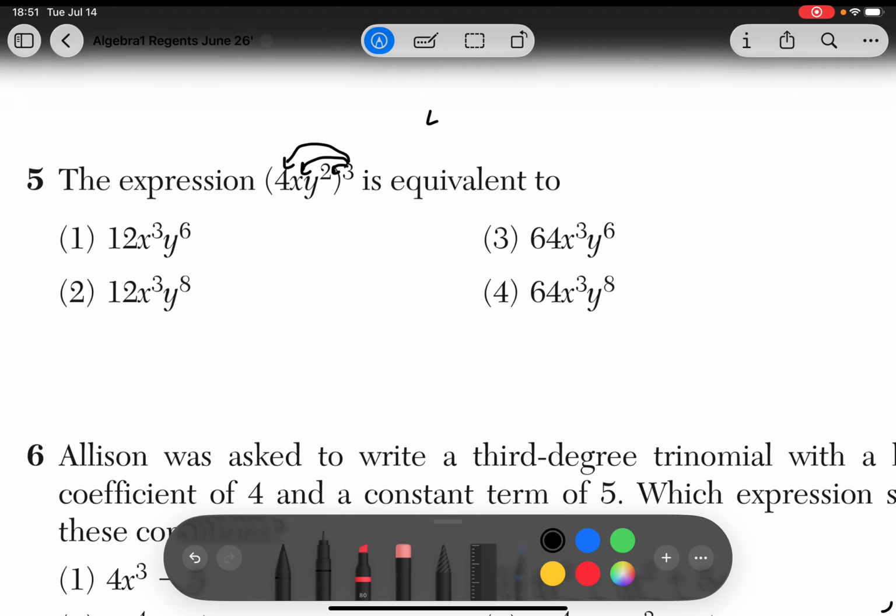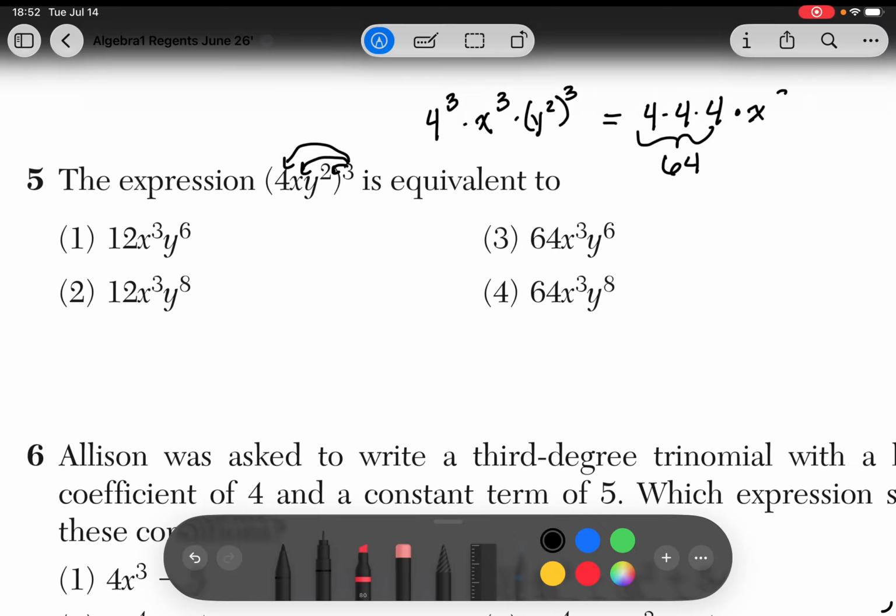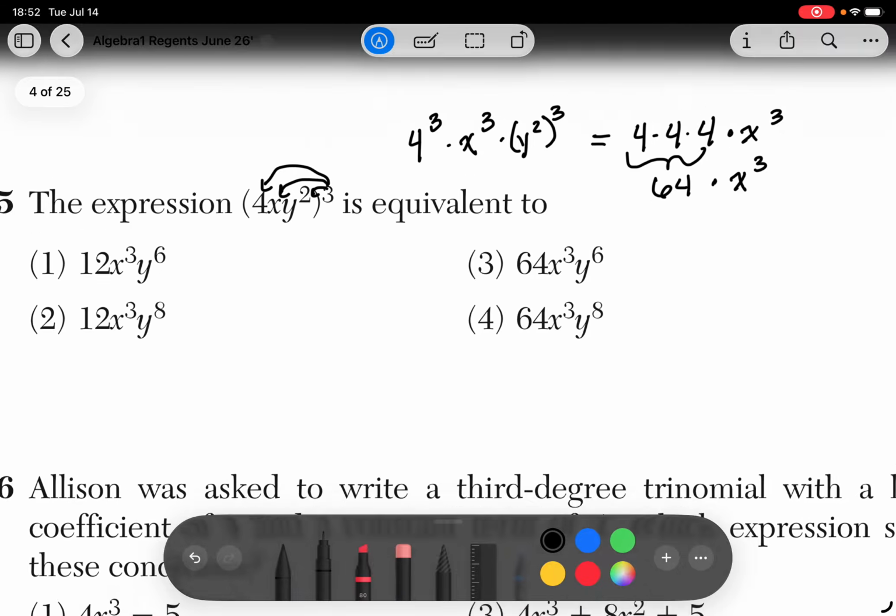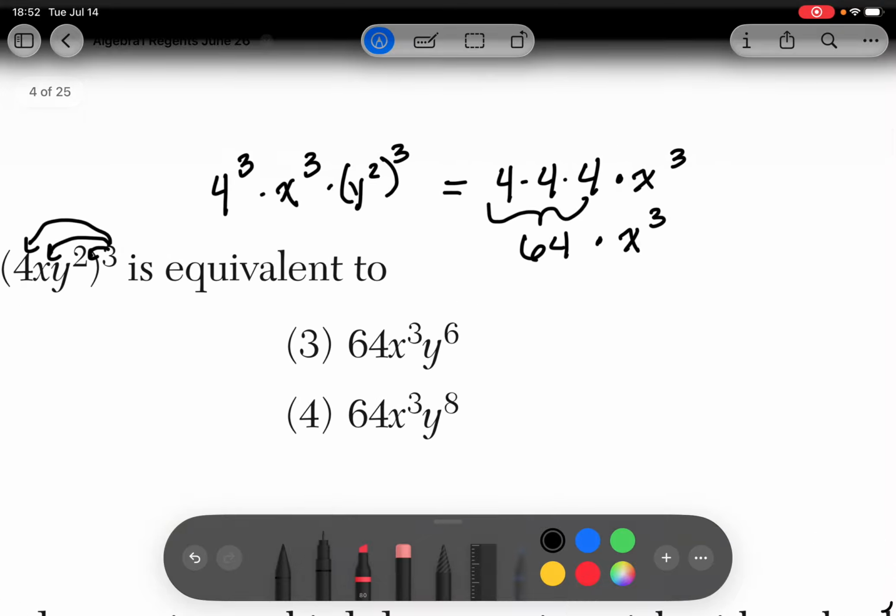So we basically now have 4 cubed times x cubed times y squared cubed. 4 cubed is equivalent to 4 times 4 times 4. So 4 times 4 is 16, times 4 is 64. And then we multiply that by x cubed. And then when we have y squared raised to the power of an exponent, that always means that we multiply.